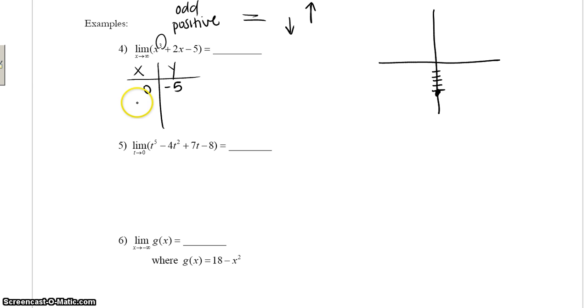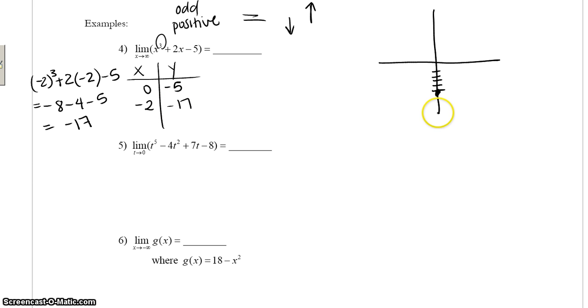Let's try negative 2. So we've got negative 2 cubed plus 2 times negative 2 minus 5. That looks like negative 8 minus 4 minus 5, which is negative 17. So let's make this negative 17. Oops, erase that dot.